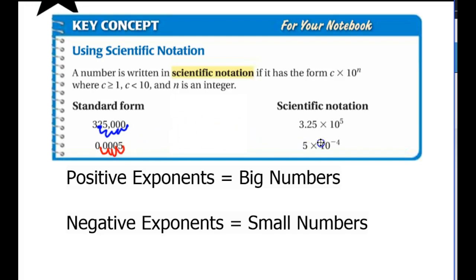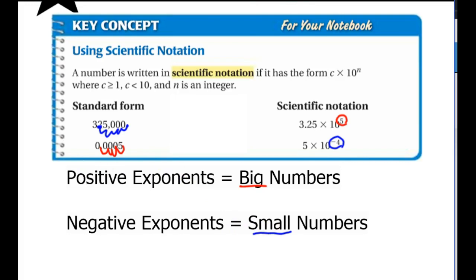Now we have 5 times 10 to the negative 4th power. So when we have positive exponents like this 5, we're going to have big numbers. When we have negative exponents like this negative 4, we are going to have very small numbers.